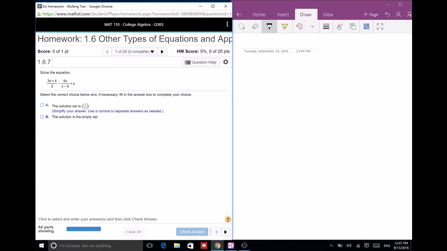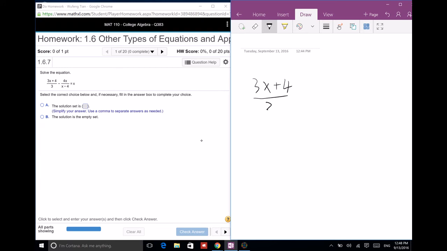Let me see. 3x over 4 minus 4x over x minus 4 equals x. Basically, these types of equations have denominators.